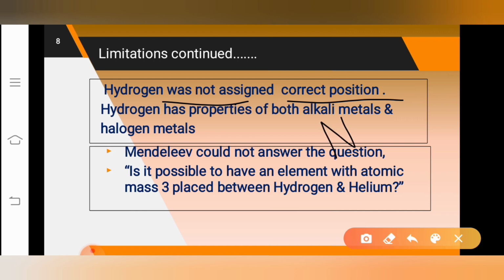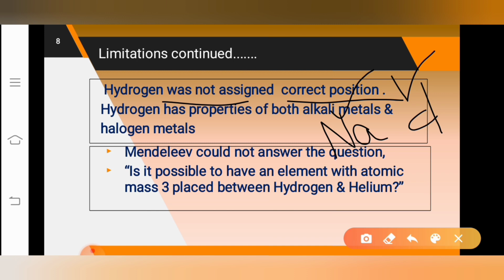Take an example: if one element is sodium and another is chlorine, hydrogen can behave like both sodium as well as chlorine. As I told you, it can behave both as an alkali metal and as a halogen. Correct. So if it is behaving like both an alkali metal and a halogen, what happened? The hydrogen could not be assigned a proper position.